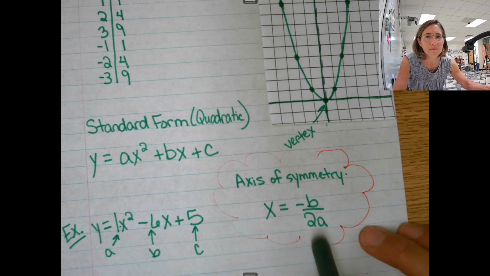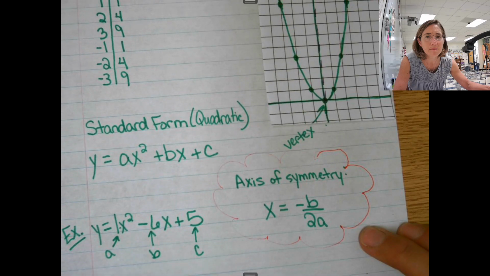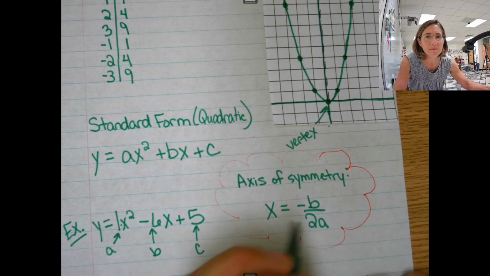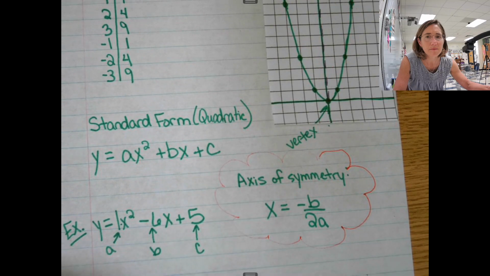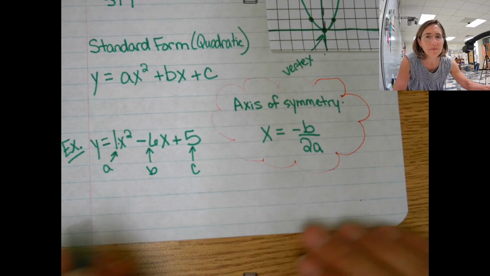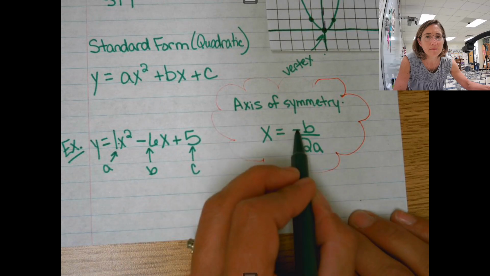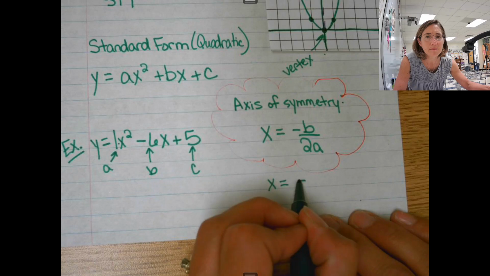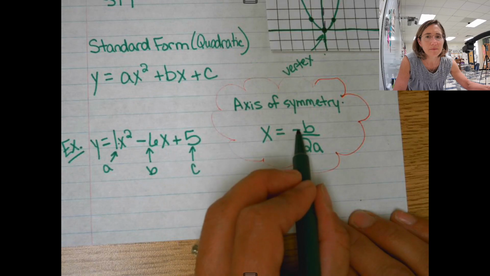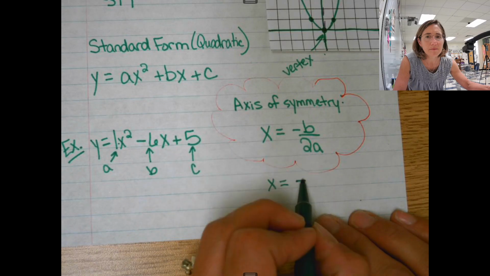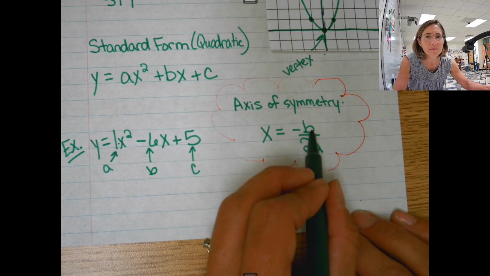Let's see if we can find the axis of symmetry for this equation now that we know what a and b and c are. I better move this up. x equals, so there's a negative sign in the formula, so I'm going to write down that negative sign. Now I need to know what b is.